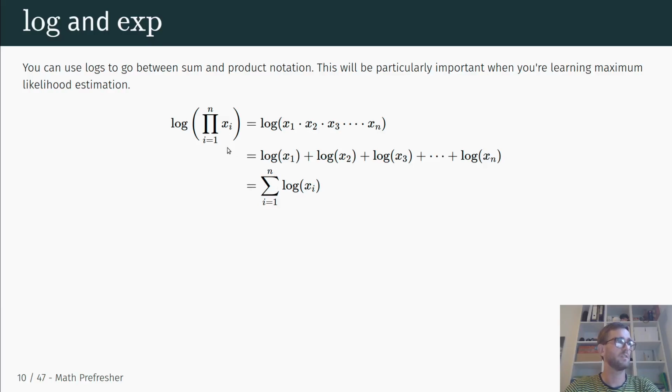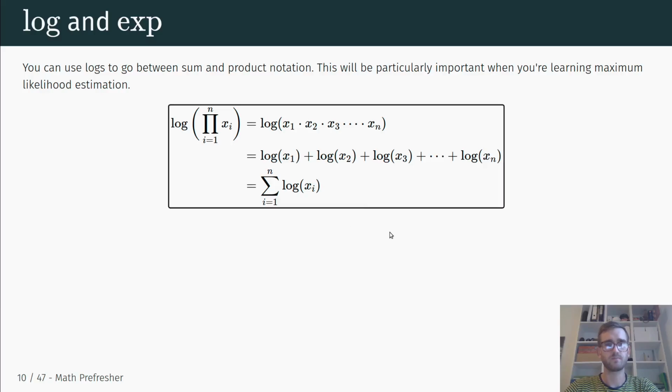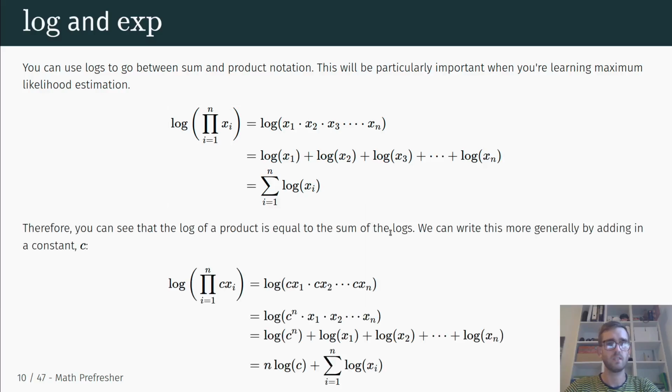So we can express the log of a large product as the sum of each individual log. And this also more generally holds when we have some constant c in there.